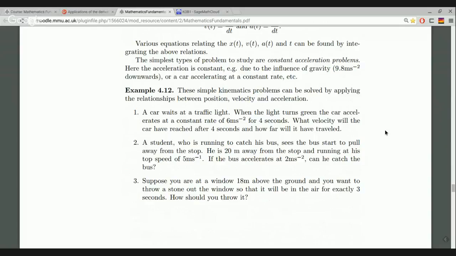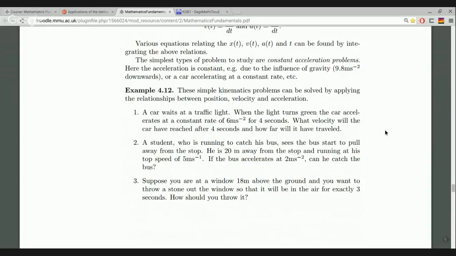The student is going with, well, we're told they've reached their top speed, so they're running at 5 meters per second. And the bus is going to accelerate with a constant acceleration of 2 meters per second squared. Assuming this is the positive direction of the x-axis, we've got negative 20 over here.